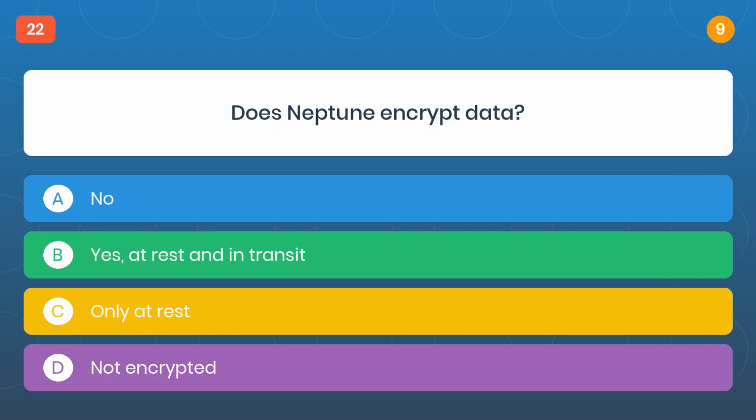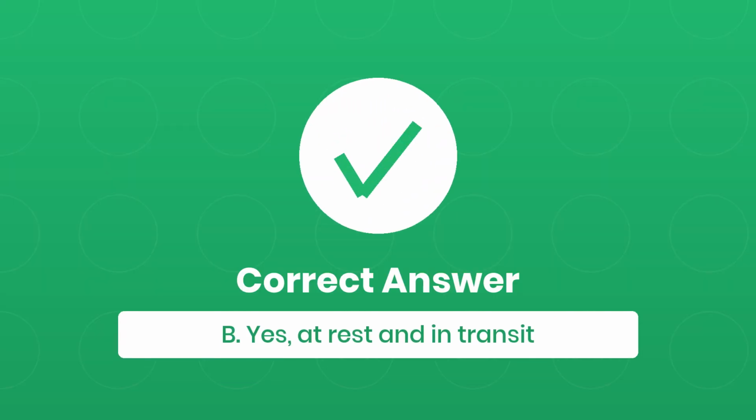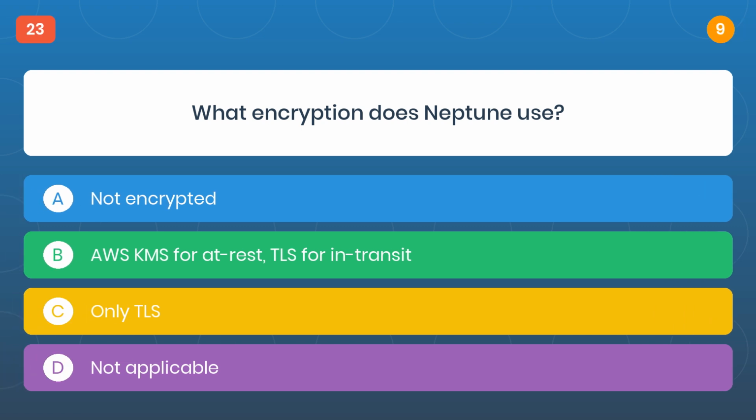Question 22. Does Neptune encrypt data? The correct answer is B, yes, at rest and in transit. Question 23. What encryption does Neptune use?